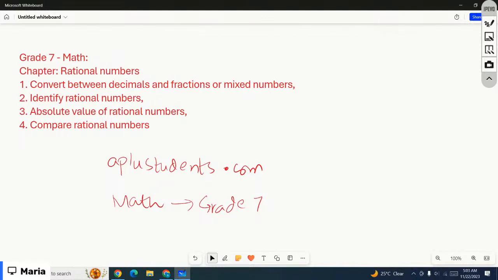We're going to start with the chapter rational numbers, and the lessons we're going to cover from the chapter are decimals and fractions or mixed numbers, identify rational numbers, absolute value of rational numbers, and compare rational numbers. So let's just start with the first lesson, that is convert between decimals or fractions or mixed numbers.